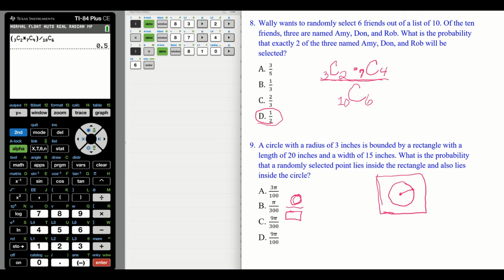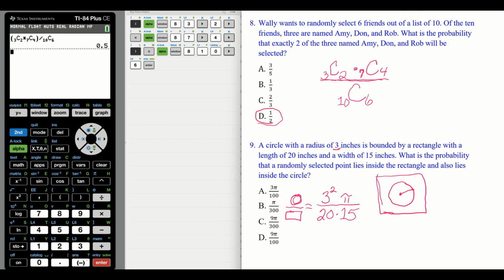rectangle. Part over total. Well, we know that a rectangle is base times height, or length times width. So that's 20 times the 15. And what is a circle? Pi r squared. Okay, so r is our radius, 3 squared pi.